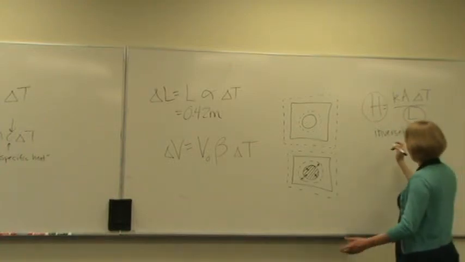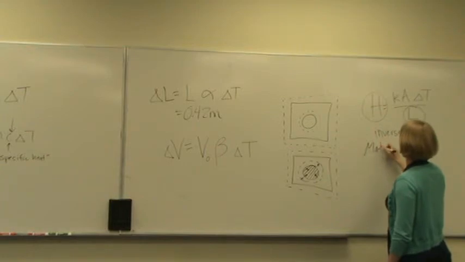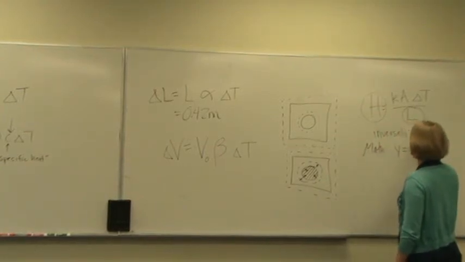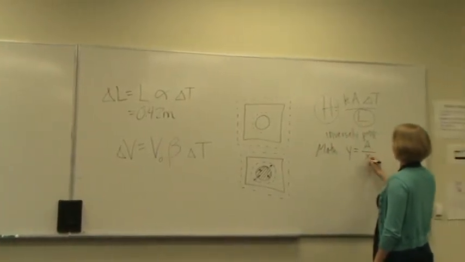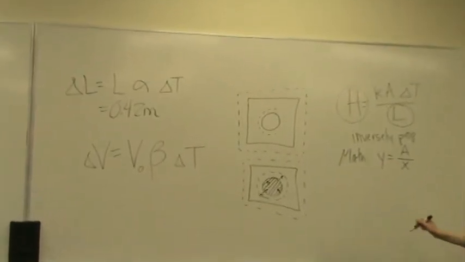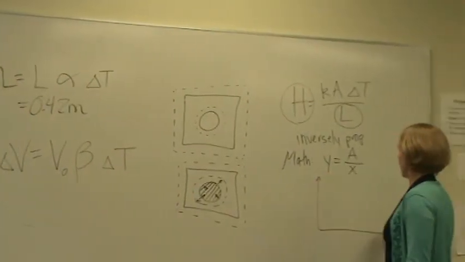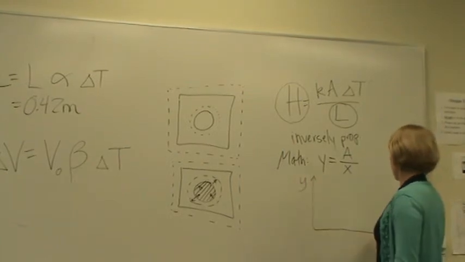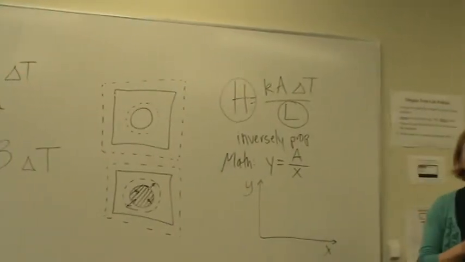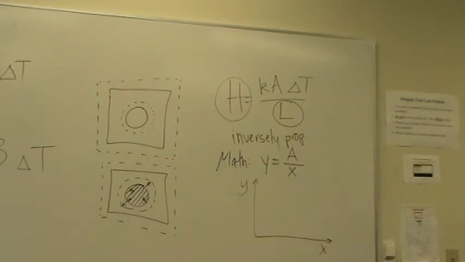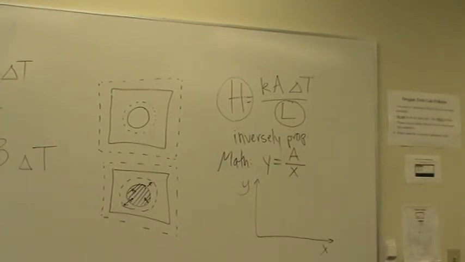Okay, so in math land, if we had an inverse graph, it would be y equals some constant over x. Okay, and so what would that graph look like if we plotted y versus x? Like the one up there. Would look like the inverse graph up there?